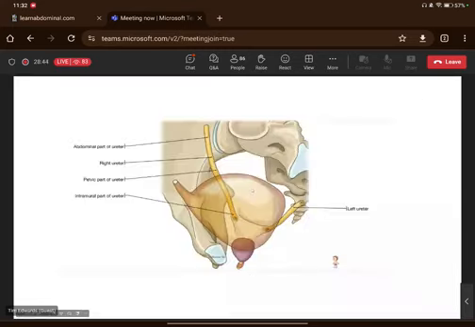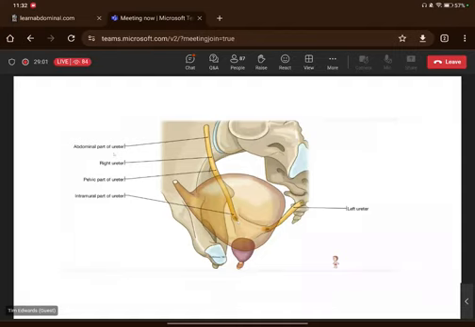This is just a schematic diagram that I've included to show where the ureters enter the bladder. So they enter posteriorly, and they enter posteriorly here.